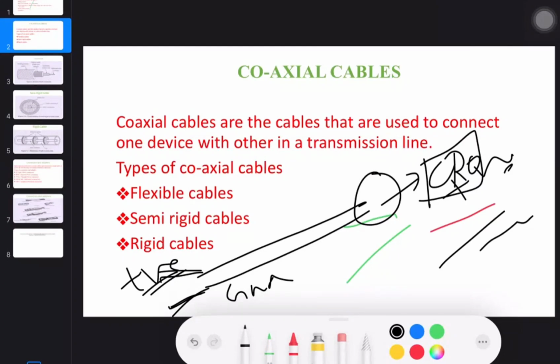So this is what we call a coaxial cable. The cables which are used to connect one device with another in a transmission line are called coaxial cables. So the black cable which you see in your CRO probe is called a coaxial cable.